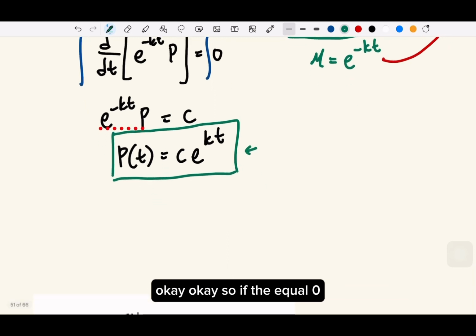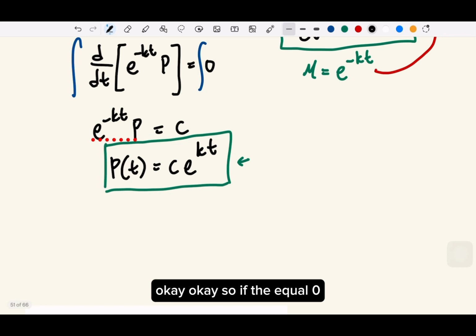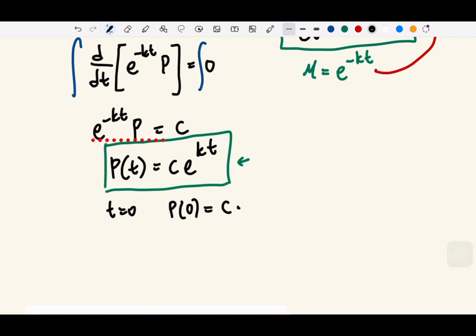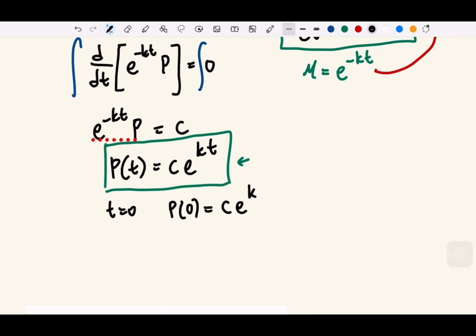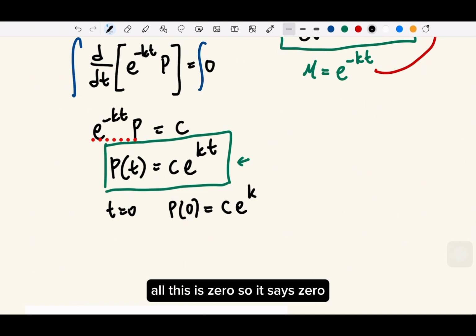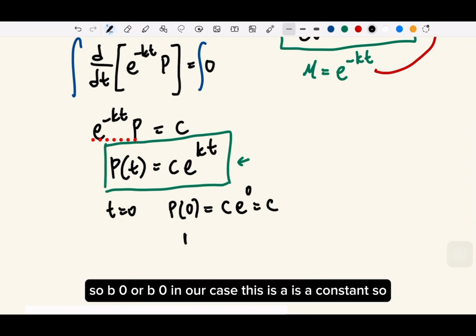So when t equals 0, then we are going to have c times e to the power 0, sorry, so it's 0. So this will be equal to c. So p0, in our case, this is just a constant.